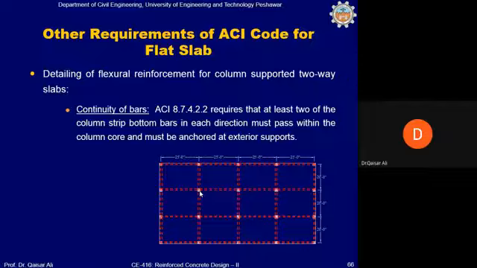Two of these bars must pass through the column core. The column core means the area of the column enclosed by the stirrups, so the area outside the stirrup, which is basically the cover, is not included. So within the column core, two bars must pass.